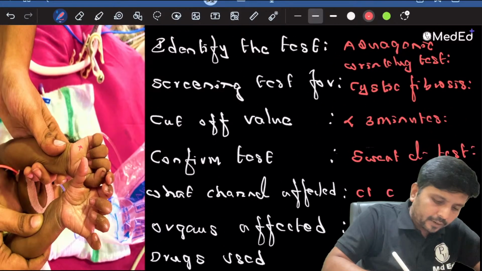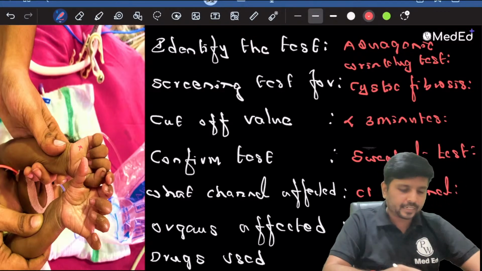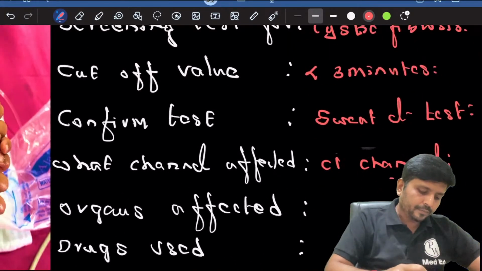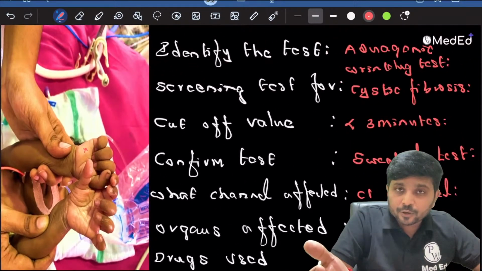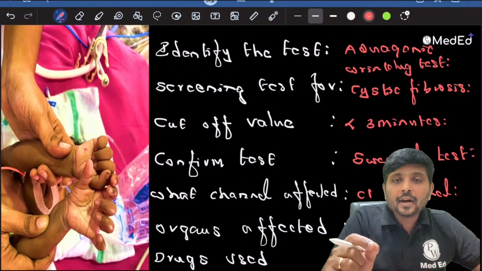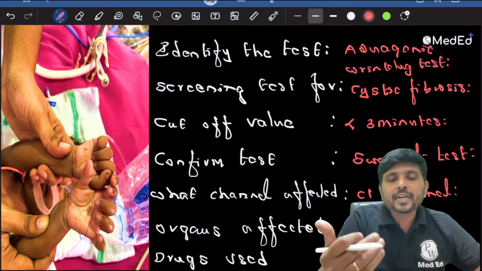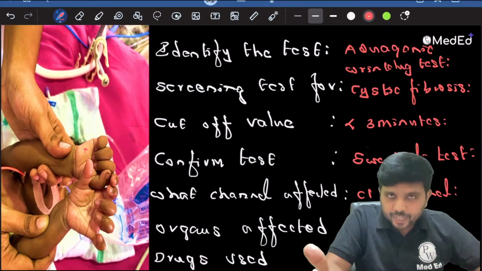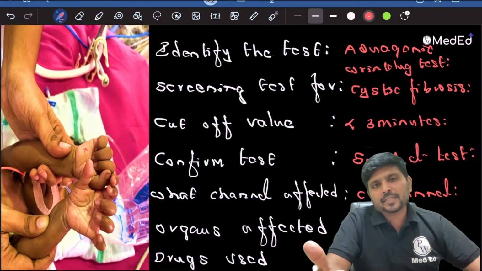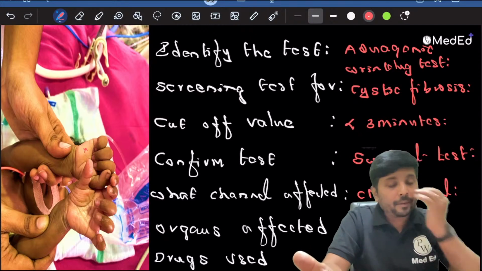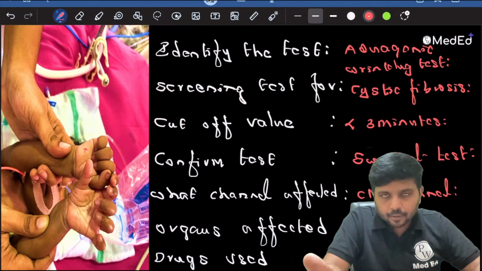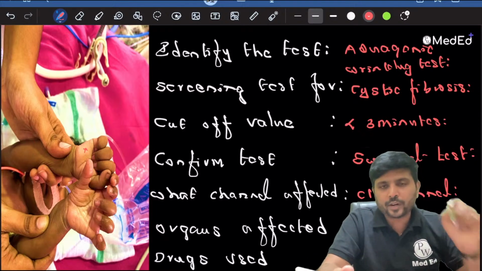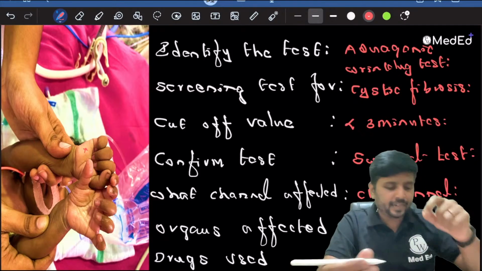Chloride channel. Chloride cannot be secreted into the duct. What are all the organs affected in cystic fibrosis? Mainly three organs: the respiratory tract, the reproductive tract, and the intestinal tract. But basically, for an intern or a PG aspirant, two things: one is lung, another is pancreas.